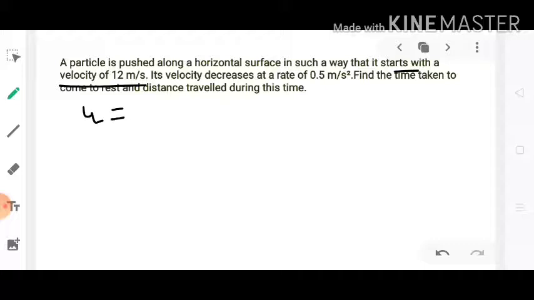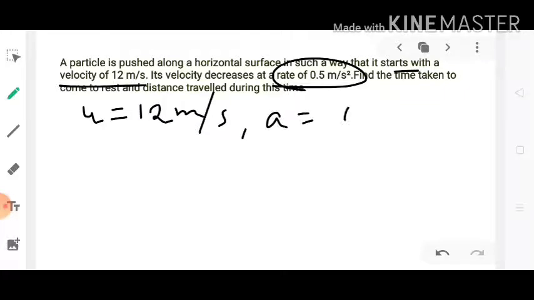Now see, the particle starts with a velocity of 12 meter per second. So initial velocity is 12 meter per second. Then see the rate at which velocity decreases. So this is acceleration, 0.5 meter per second square. But see, the word is decreases, so we have to put a negative sign.